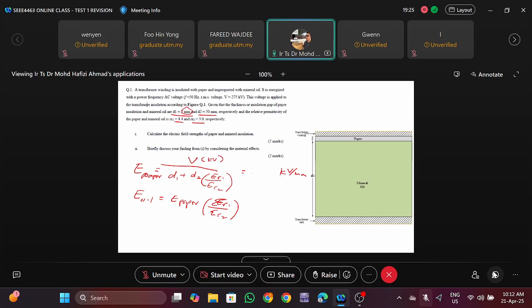So your electric field is in kV per millimeter. By understanding the values you get here, you must see which electric field is higher. Let's see the answers.